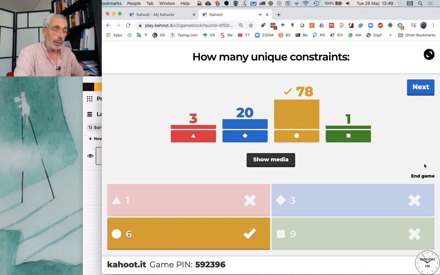Indeed, most of you are correct. Although you think you have 9 constraints, the thing is symmetric, so you end up only with 6 unique constraints. Those who say 3, please read the book.